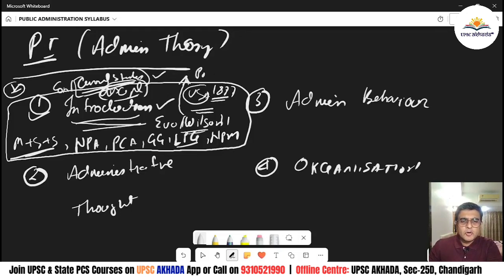Post NPM models are also contemporary developments, like the new public governance and network governance. Current status also opens up dimensions like what is the status of public administration today, and whether it can be considered a separate discipline. So this is what the introduction chapter talks about.